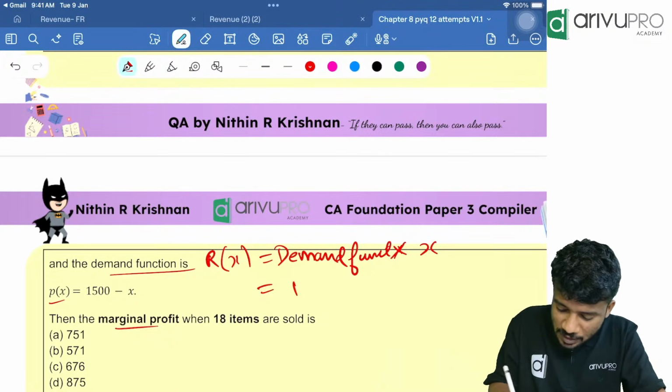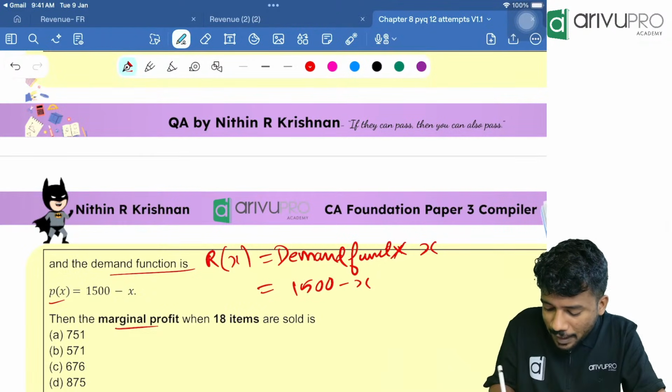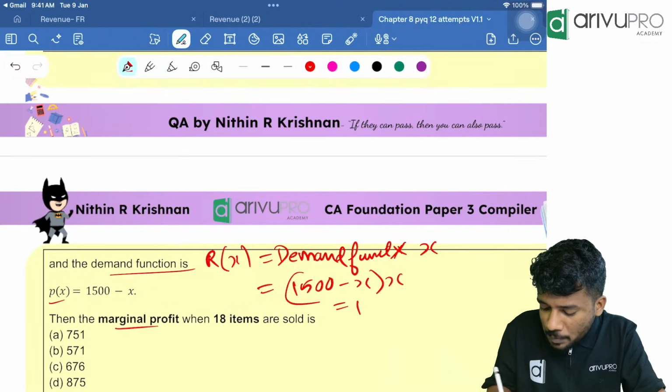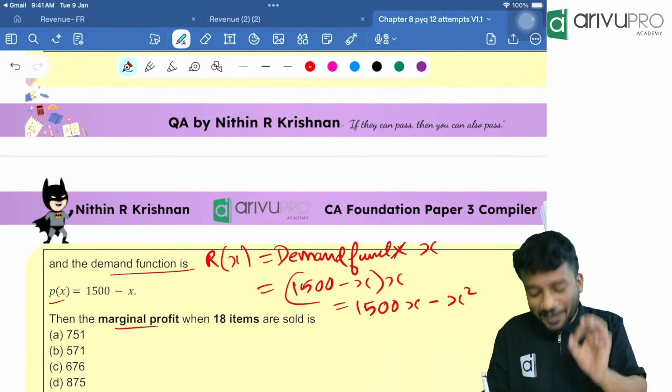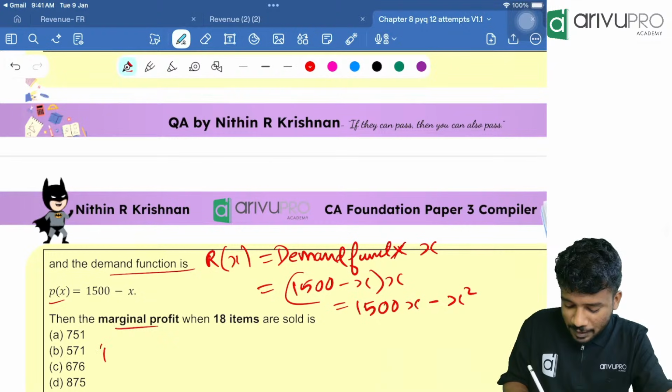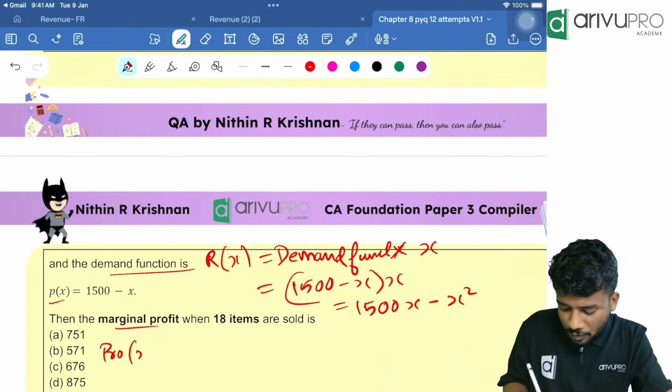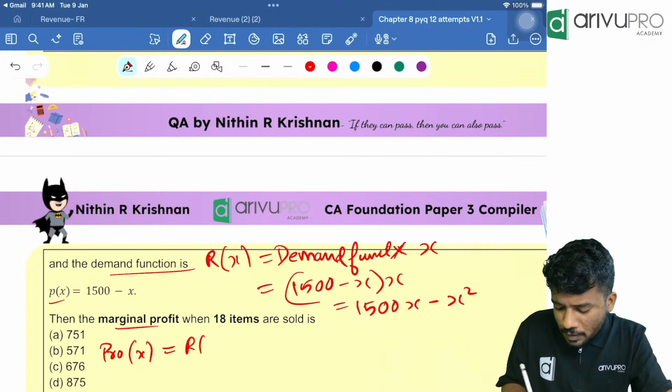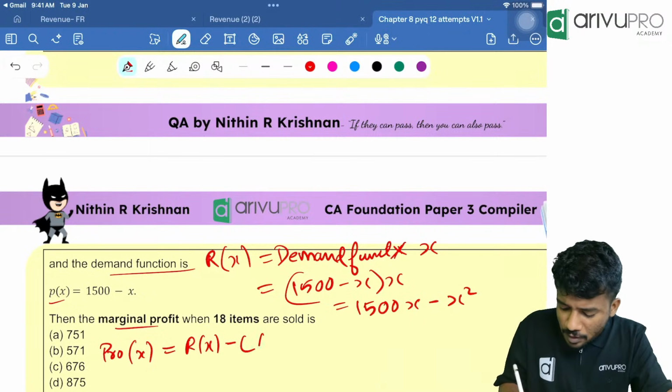Now the demand function is given, 1500 minus x into x, which is nothing but 1500x minus x square. So we got the revenue function. I'll write profit function of x is nothing but revenue function minus cost function.